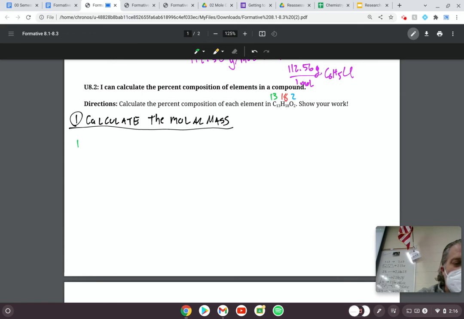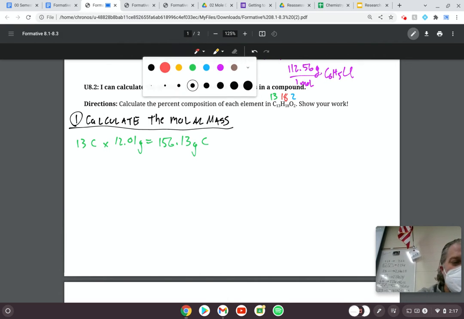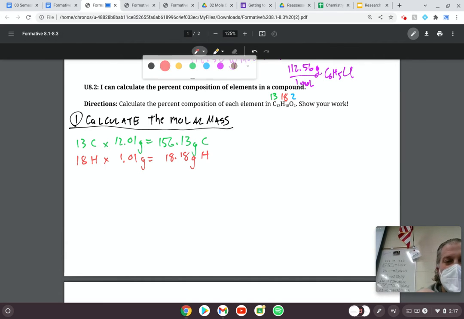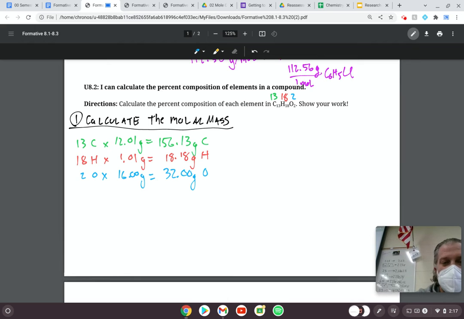So 13 carbons times 12.01 grams. 13 times 12.01 is 156.13 grams of carbon. 18 hydrogens times 1.01 grams gives me 18.18 grams of hydrogen, and 2 oxygens times 16.00 grams gives me 32.00 grams of oxygen.